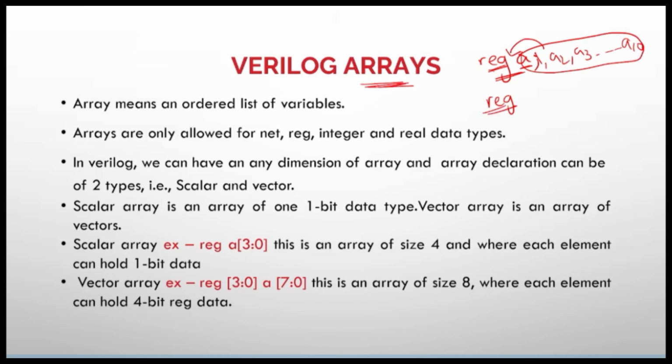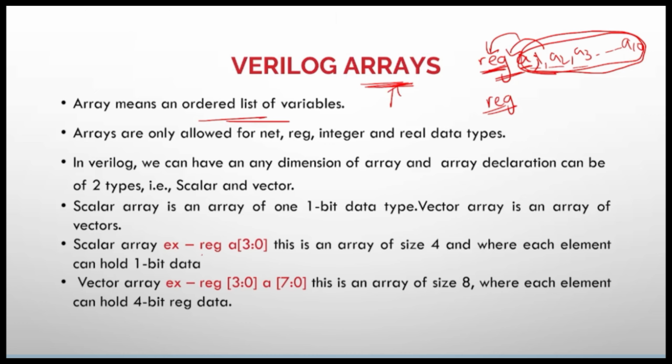Yes, it is possible through Verilog arrays. Verilog arrays mean an ordered list of variables which have the same data type. If you want a group of variables which should contain the same data type, instead of mentioning every variable individually, you can define them by using the Verilog arrays concept.